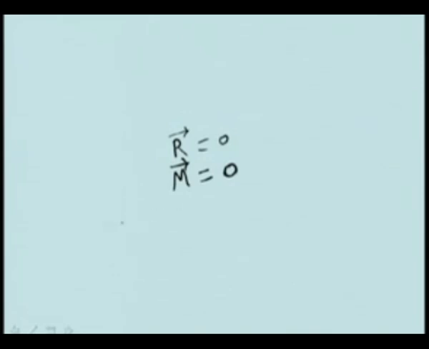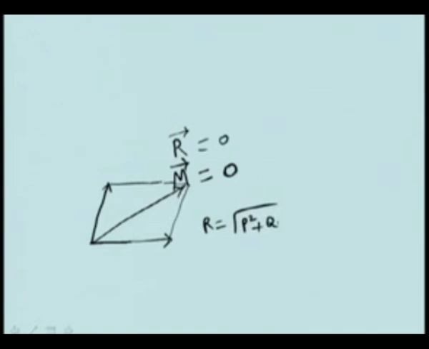Here I will just recapitulate one formula which is already taught at the plus 2 level. R is equal to the square root of P square plus Q square plus 2PQ cos alpha, and then this makes angle theta from here.